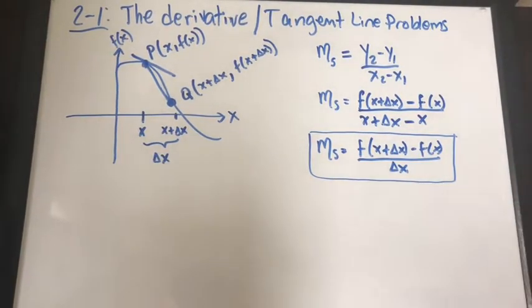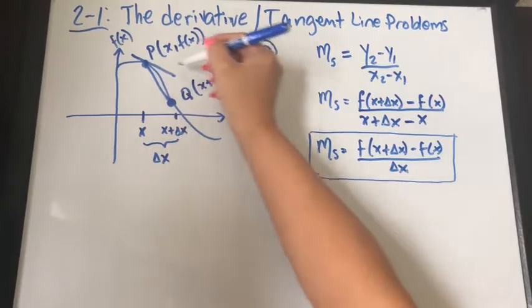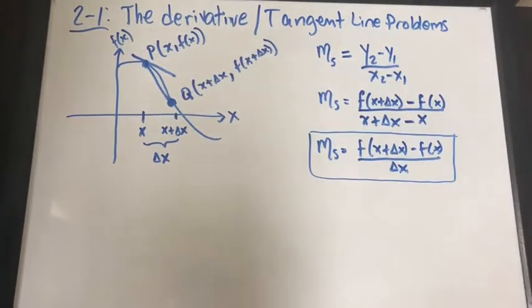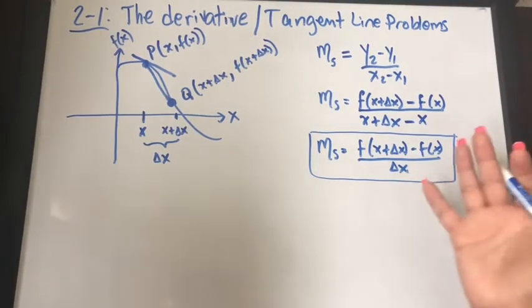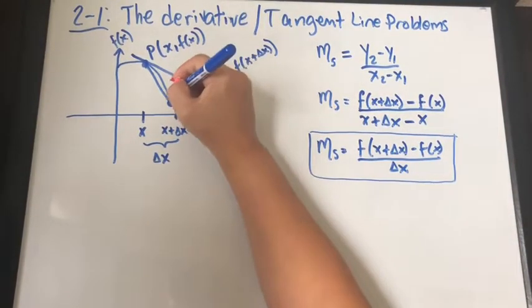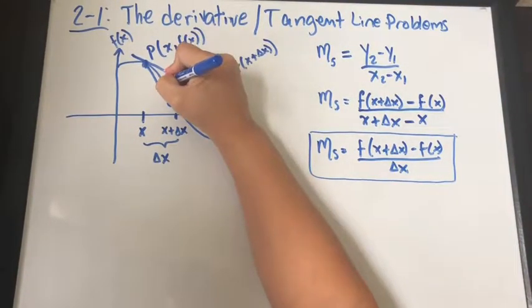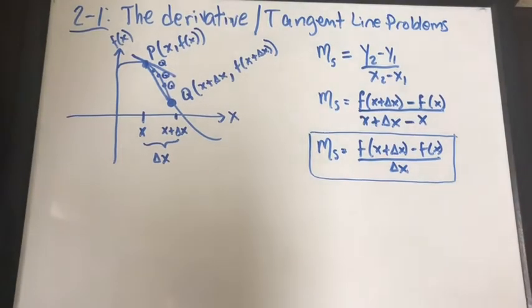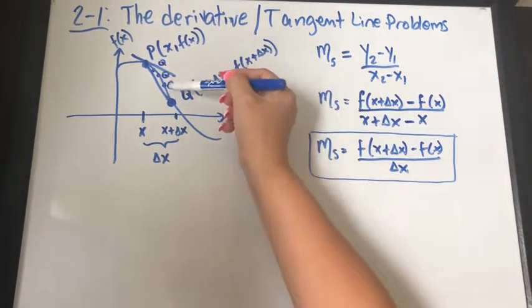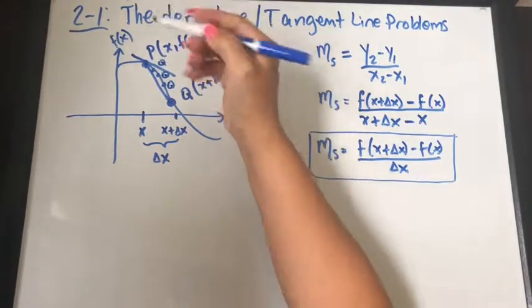But our main problem was to find the tangent line slope. So what we are going to do now that we're really good with limits, and what we had to do at the beginning, is move this Q closer and closer and closer to P. Now that we know the word limit, we are pretty much taking the limit as Q approaches P. Why is that?